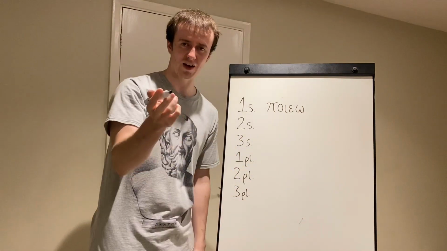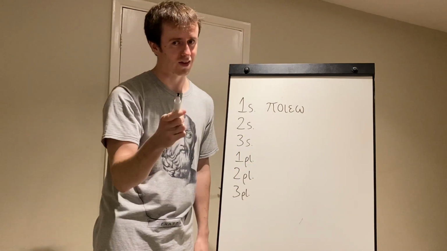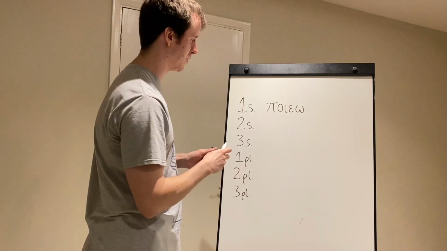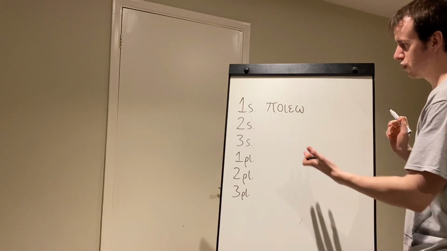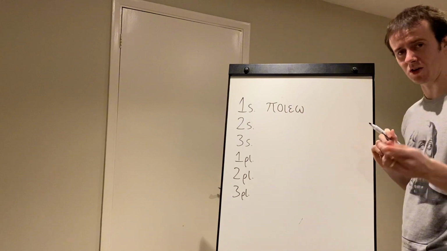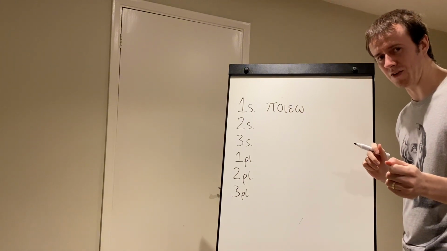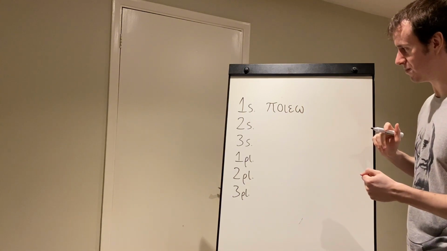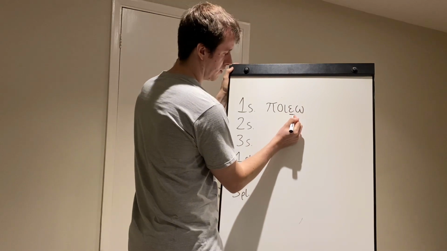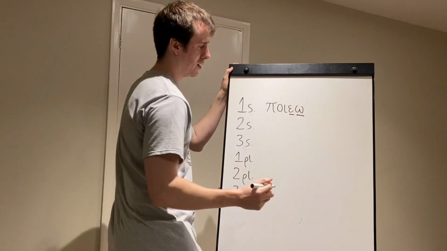And remember, you can check your table to see that it does in fact tell you everything you need to know about contraction. So, what does poieō make? You can check your table and try to figure it out for yourself before I reveal it. We know that this epsilon is going to contract with the omega.